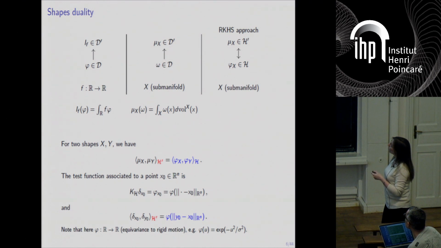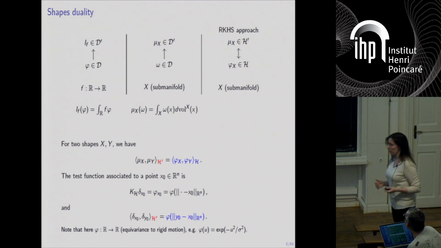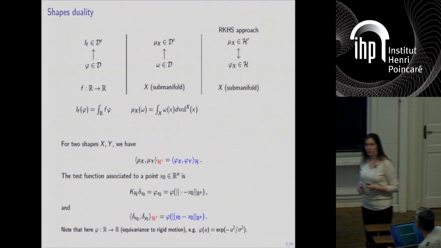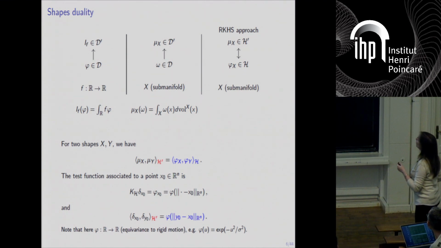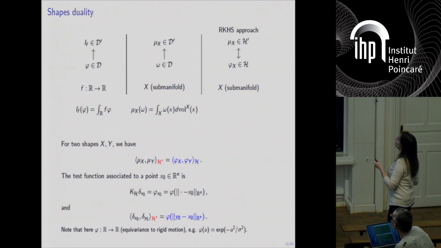So the distribution of the shape x applied to a generic test function omega is just the integral of this test function on your shape x. And the introduction of reproducing kernel Hilbert spaces consists in integrating a kernel that allows you to define a Hilbert space of test functions and, as its dual, a Hilbert space of distributions.